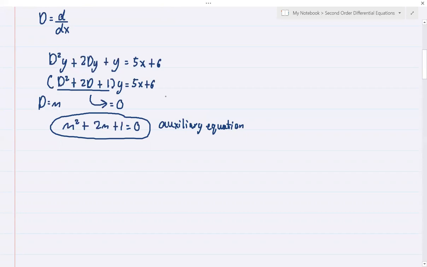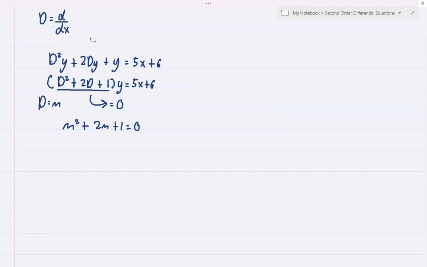Now that we have your auxiliary equation, we can find your m values. You can either use methods of factoring or the quadratic formula, because this is a quadratic equation.